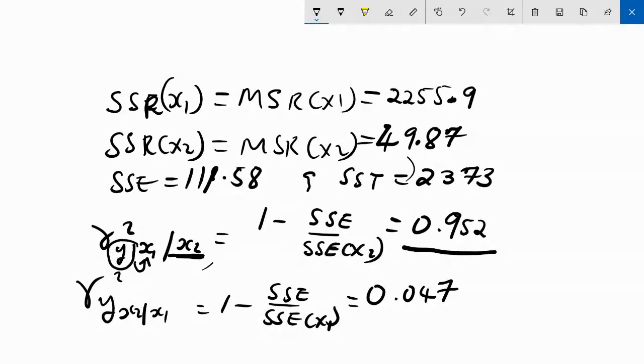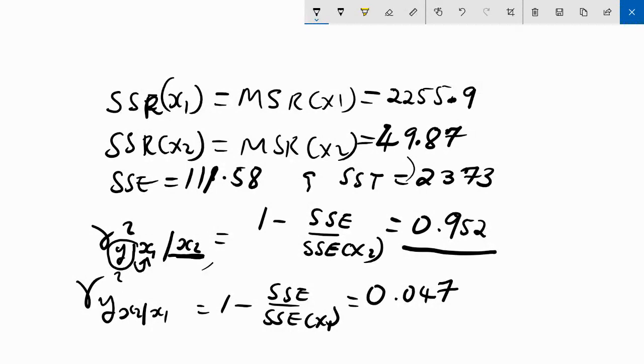Can someone try 0.047 for us, please? Yes, leadership. Holding constant x1, 47% of the variation.